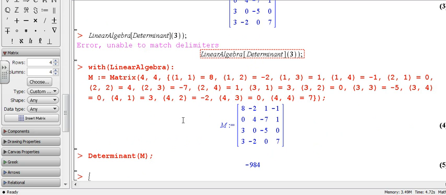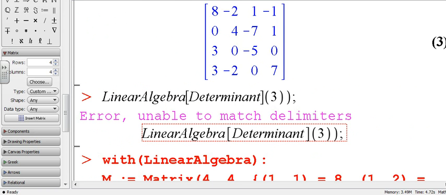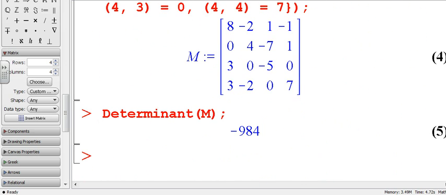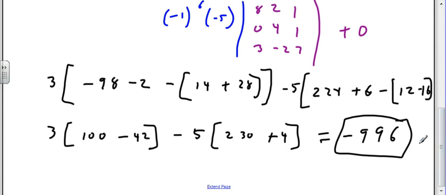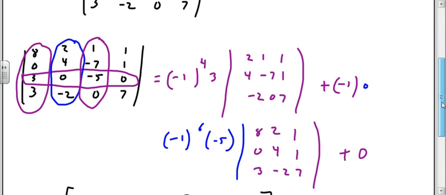So, minus. So it looks like the instructor was correct with minus 984, assuming the instructor had minus 984, which he doesn't. So it looks like minus 984 would be a better answer. And 8211.